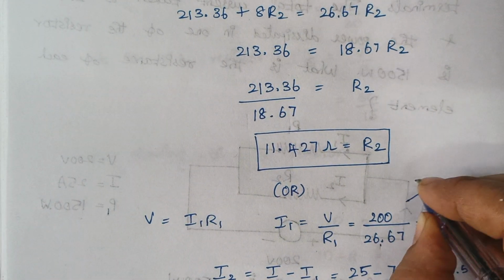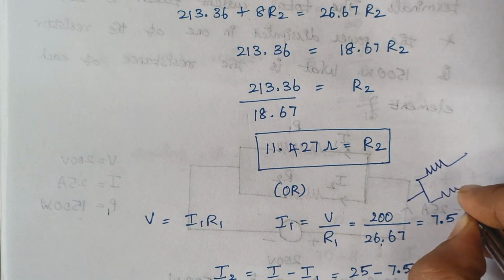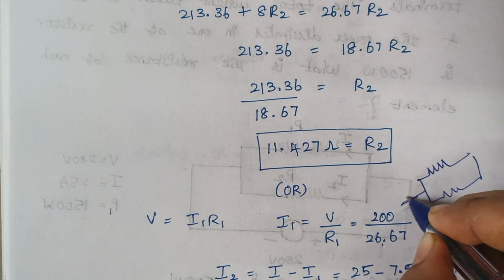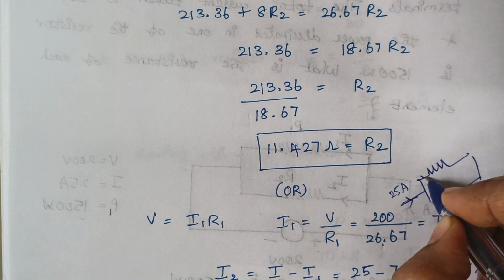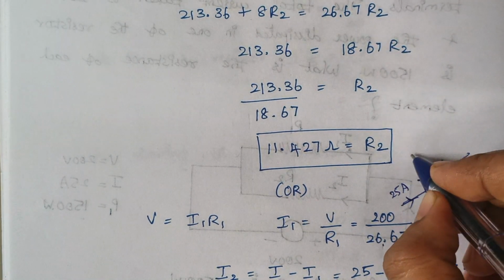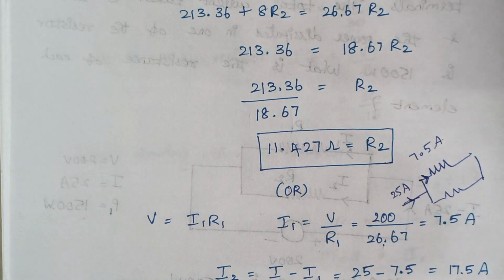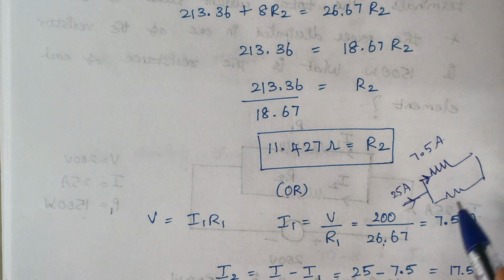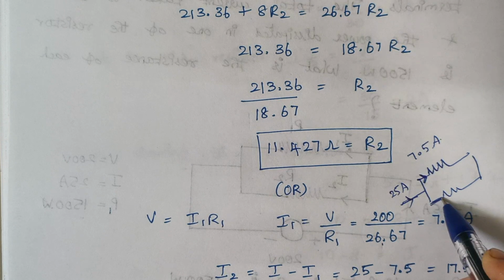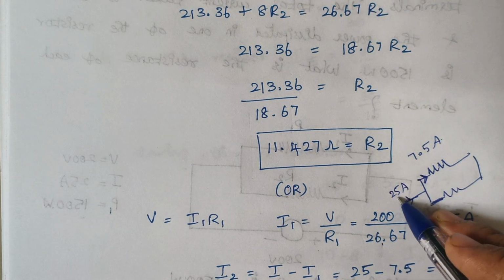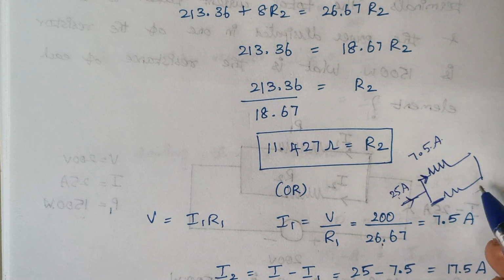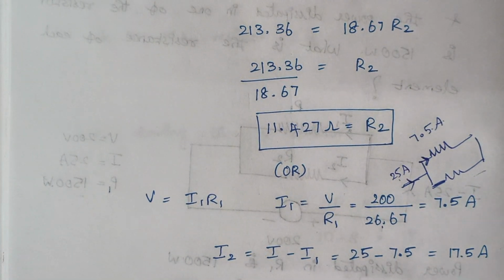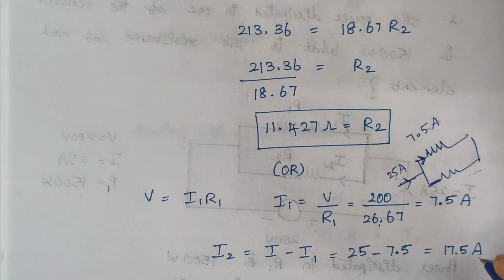For example, you see, we are having two resistors, right? So the total current value we know it is given as 25 amps. Now I had calculated the current flowing through this resistor as 7.5 amps. So automatically we can calculate the current flowing through this second resistor, right? So 25 minus 7.5 gives the value of current that flows through this resistor R2. So it is 17.5 amps, right?